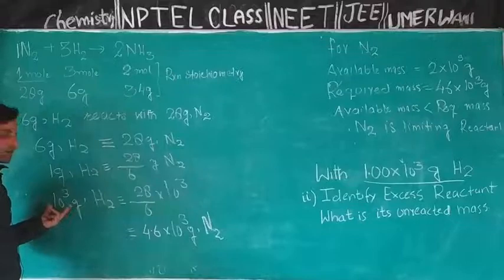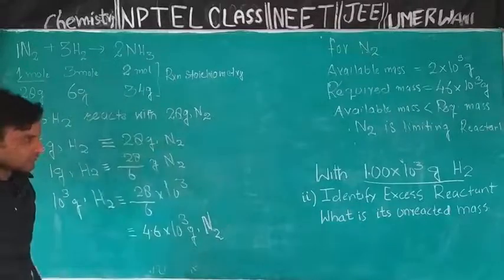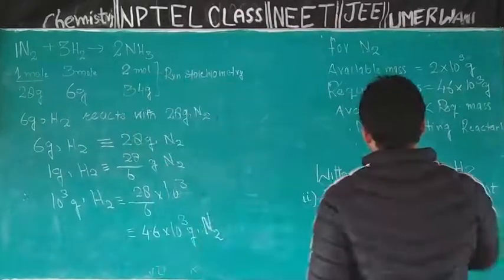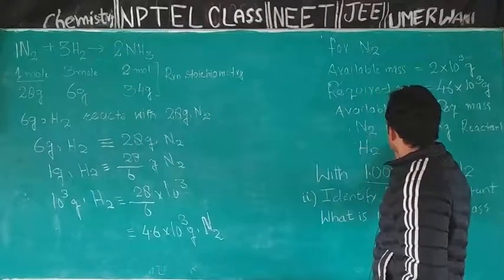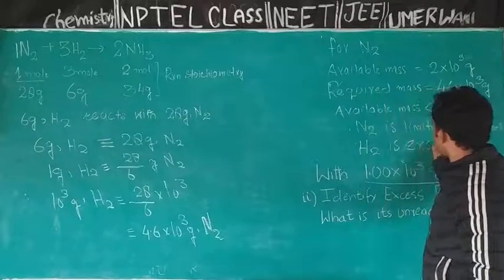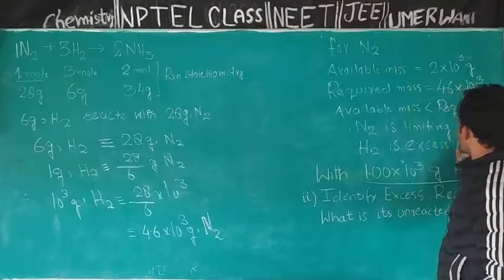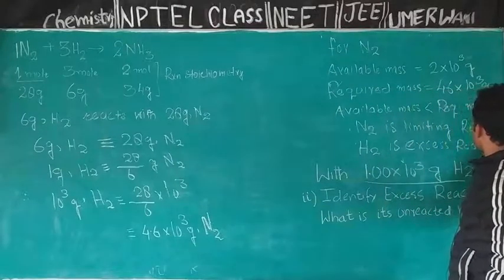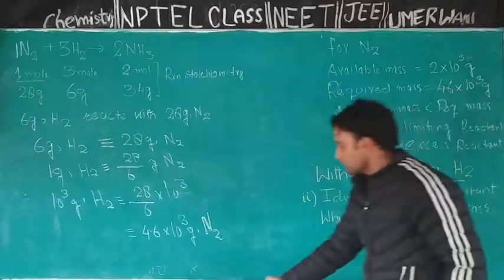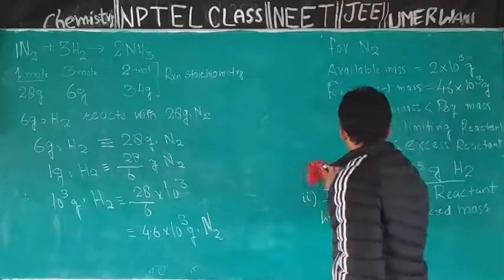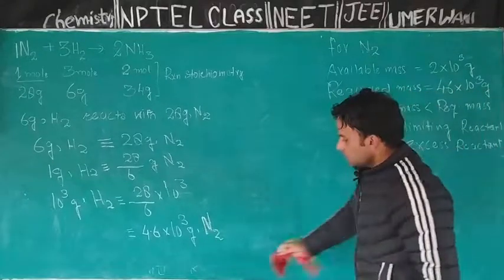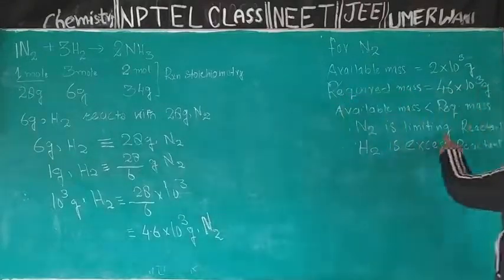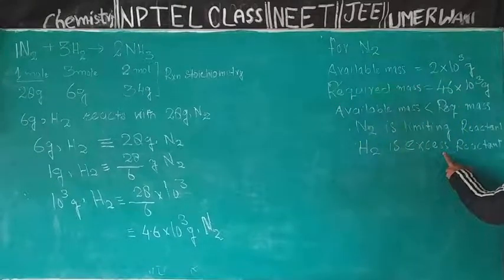As a result, we say nitrogen is the limiting reactant and hydrogen H2 is the excess reactant.